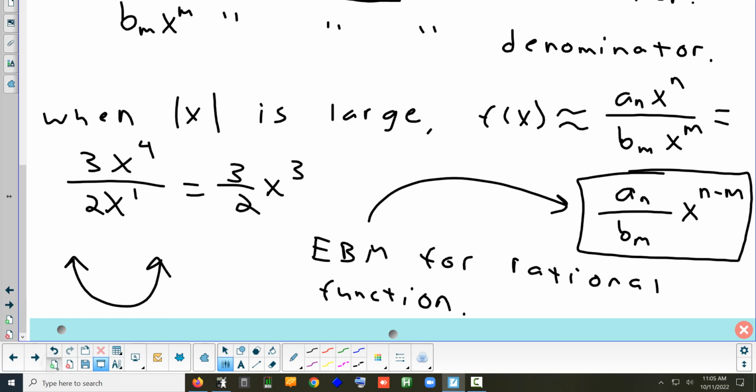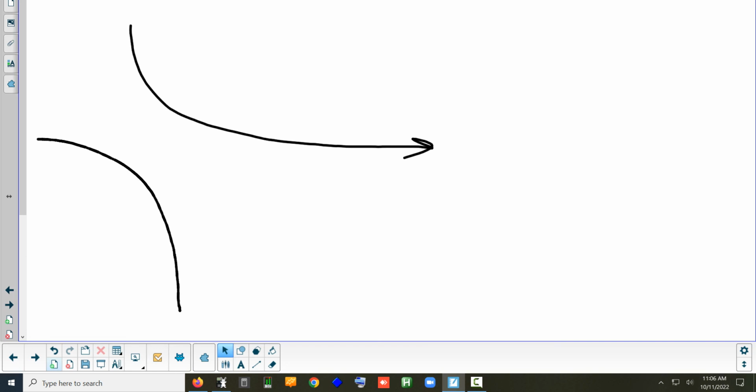Usually rational functions do something like this. They curve, and they start to flatten out as you head further to the right. The EBM is going to tell me what this is flattening out to. Or if I head the other way, sometimes they come up and curve this way. The EBM will tell me what it's flattening out to as I go to the left.